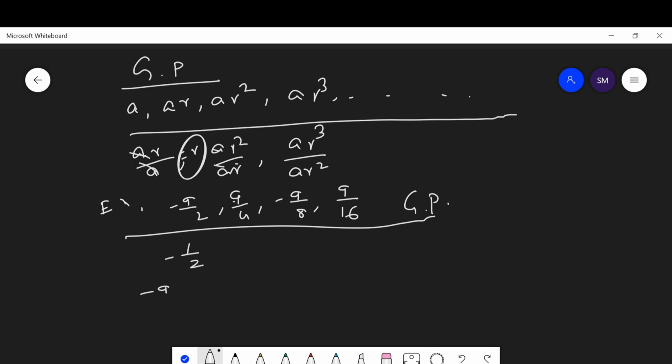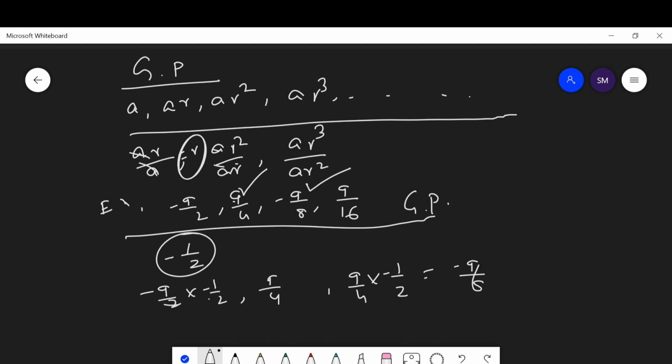Minus 9 by 2 into minus 1 by 2 is 9 by 4, the second term. Then 9 by 4 into minus 1 upon 2 is equal to minus 9 upon 8, the third term. So the common ratio R is equal to minus 1 upon 2.